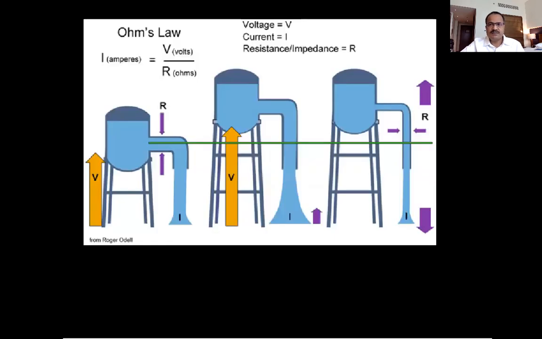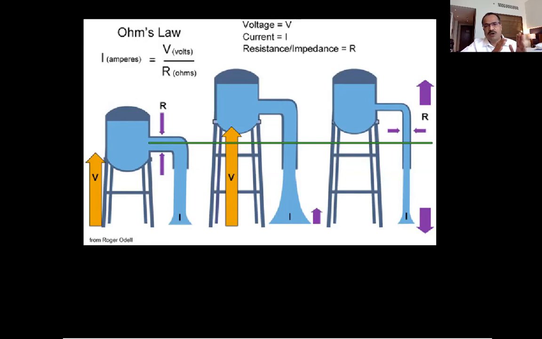Now this is best understood by the analogy given by Roger Odell. Suppose there is a town and you have a water tank for that town. Over time, if the population of that town increases and more houses come up, you want more water to be supplied to each house. So how do you increase this water supply?